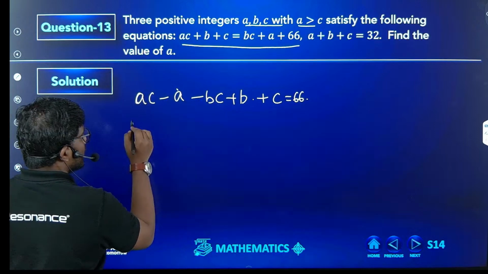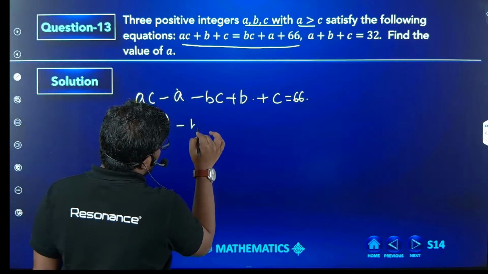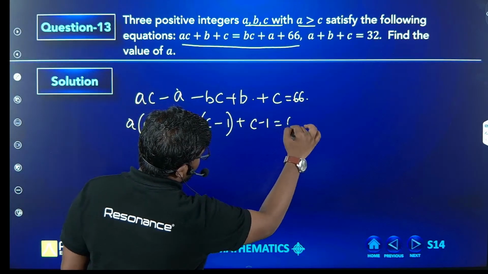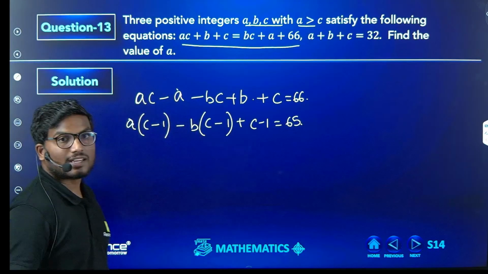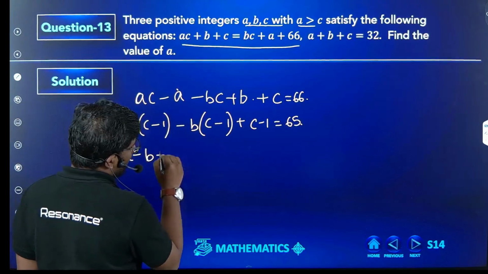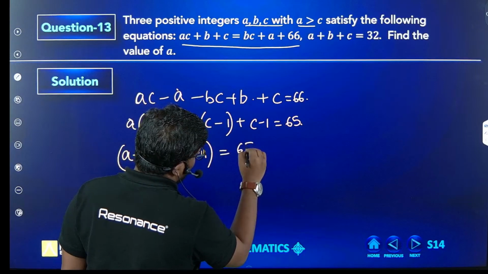Now hereupon this would be a into c minus 1 minus b into c minus 1 plus c minus 1 is 65. Correct? Now upon simple factorization, a minus b plus 1 into c minus 1 is 65.